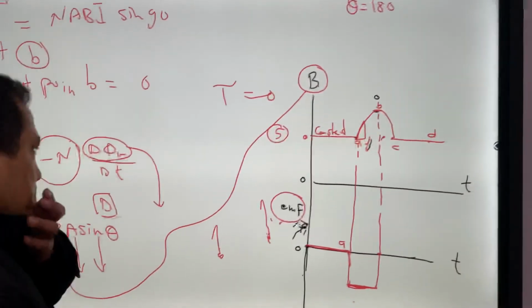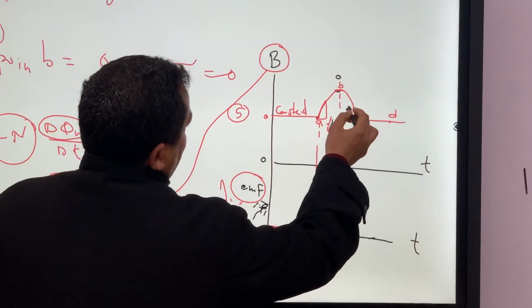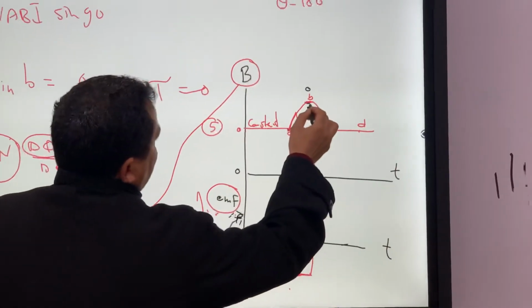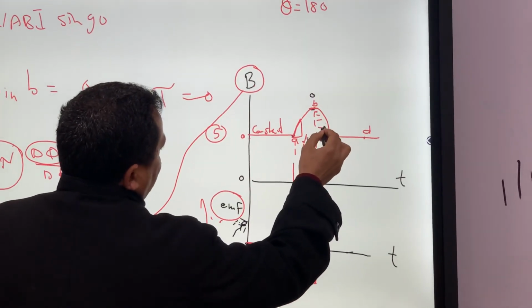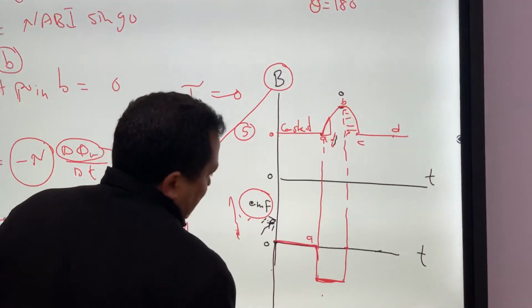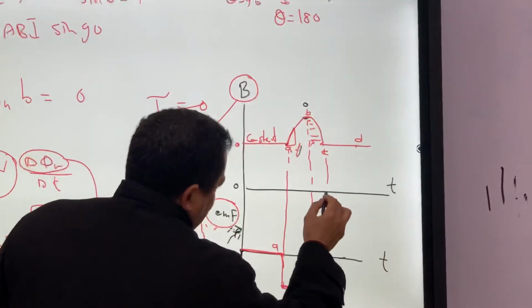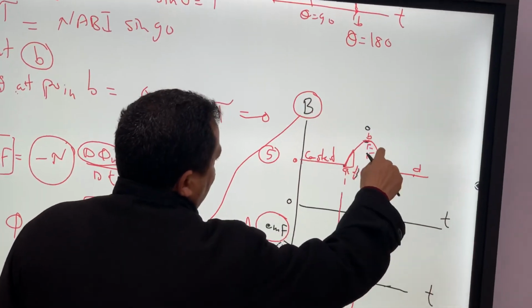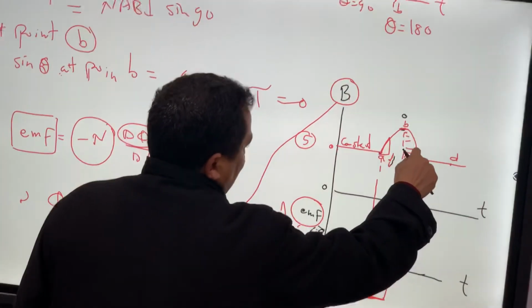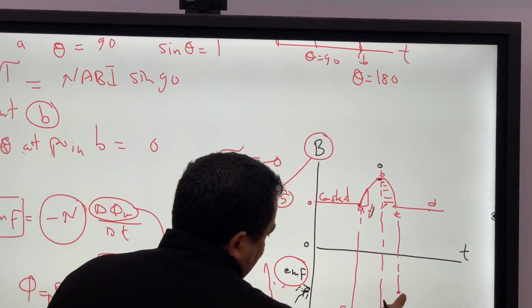From points B to C, we have a negative slope, and this negative increases. In this region the rate of change of magnetic flux becomes negative, so electromotive force becomes positive.